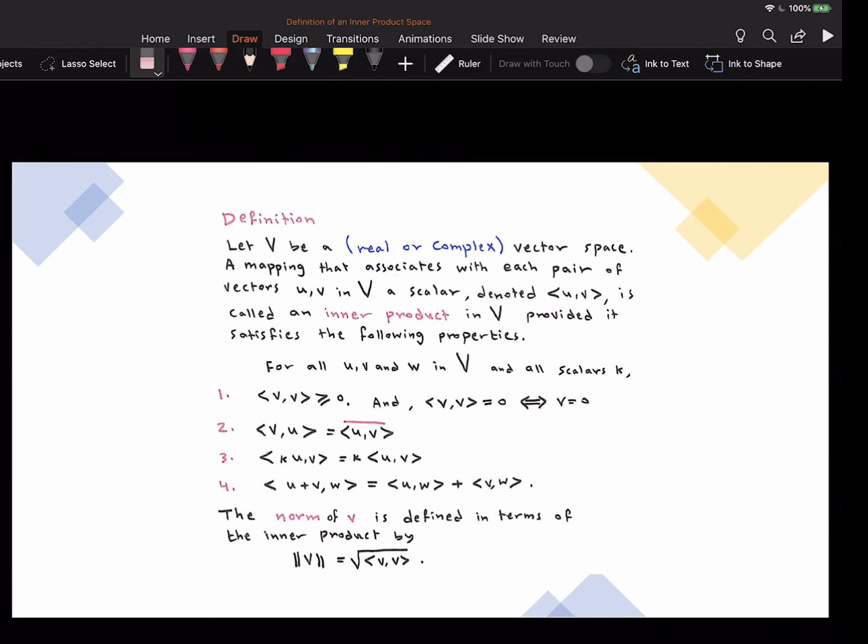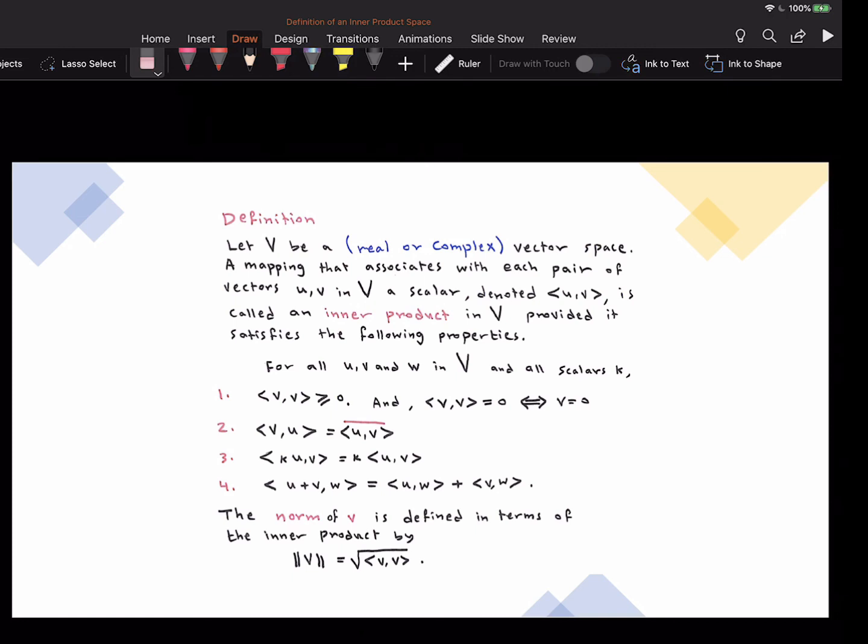We have V, real or complex, and we have vectors in V like U and V. We have a scalar that we use, which is k. The symbol angle bracket U, V will be called an inner product, provided it satisfies the following properties.